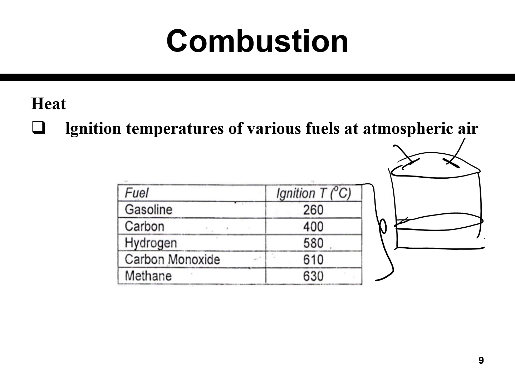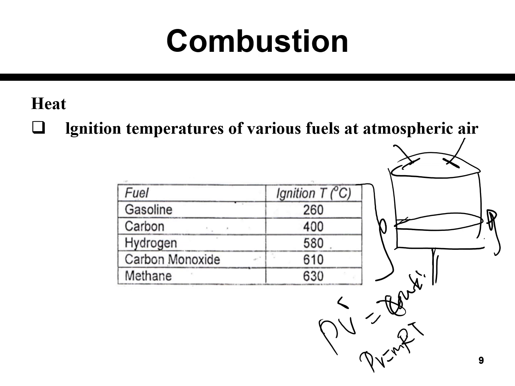Let's say that during the compression process in your four-stroke engine, the pressure will increase, and the temperature will also increase, because PV^γ equals a constant. And if you take PV equal to mRT, the temperature will also increase in that case.